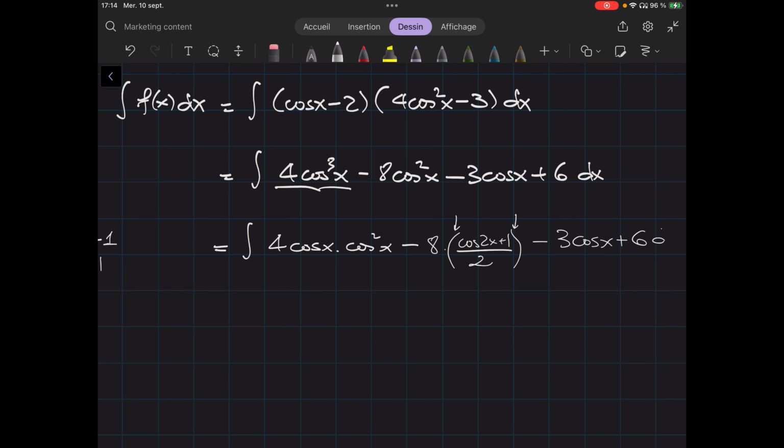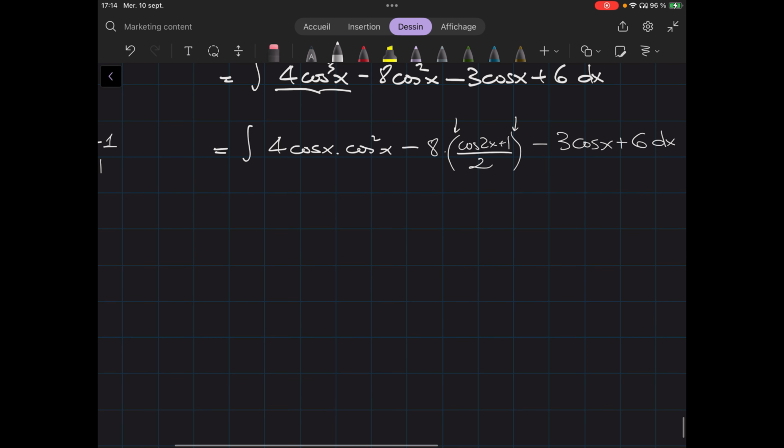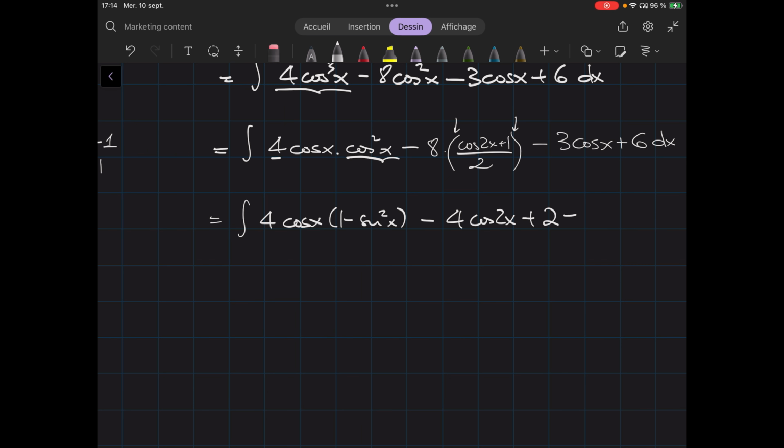Plus 6, we also cannot do anything with it. We can now express cos squared in terms of sine squared for us to use a substitution. 4 cos of 2x over here, minus 4 plus 6, that will give us plus 2.